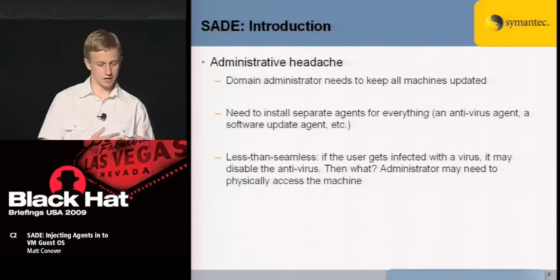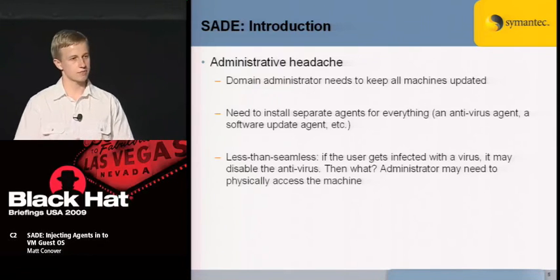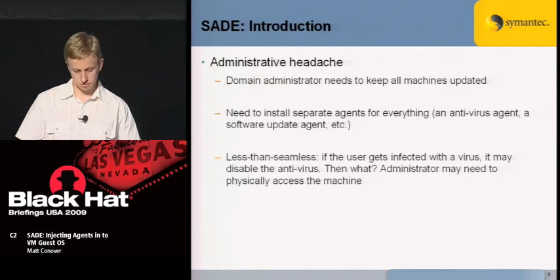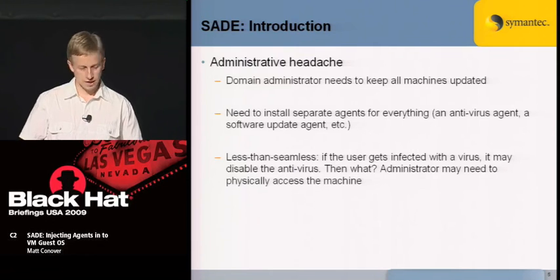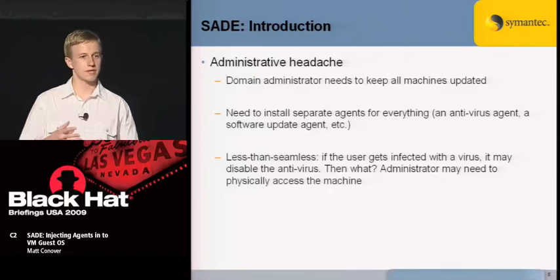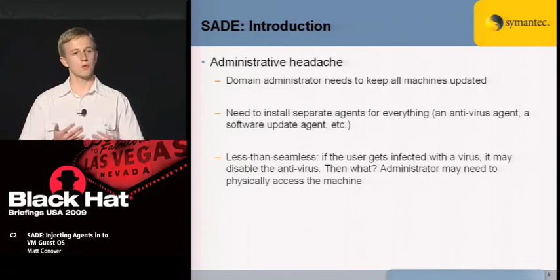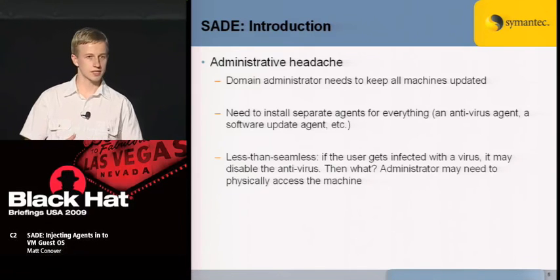This requires a lot of effort to keep all of this software on every workstation and keep it all running smoothly. I'll mention more about this under the security problem. But just consider if you have some antivirus which somehow gets disabled. What can we do if this machine becomes infected somehow? We might need to physically take control of this machine to clean it up.